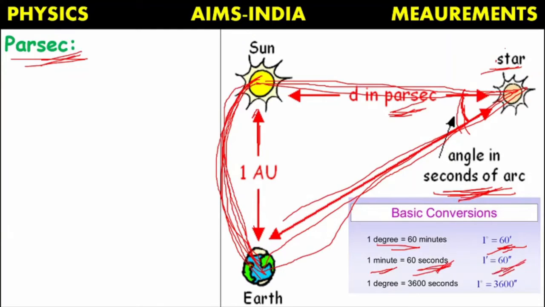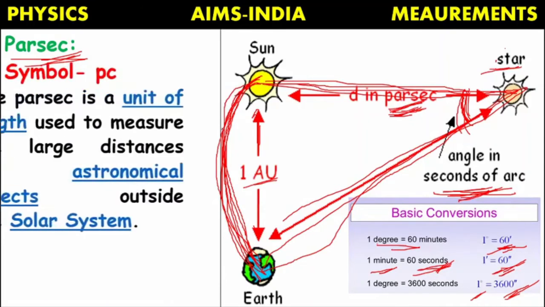So in 1 degree, we have 3600 seconds, and this arc is one part of those 3600 parts. So if an arc of length 1 astronomical unit subtends an angle of 1 arc second at a distant star, then the distance between the Sun and the star is called a parsec.